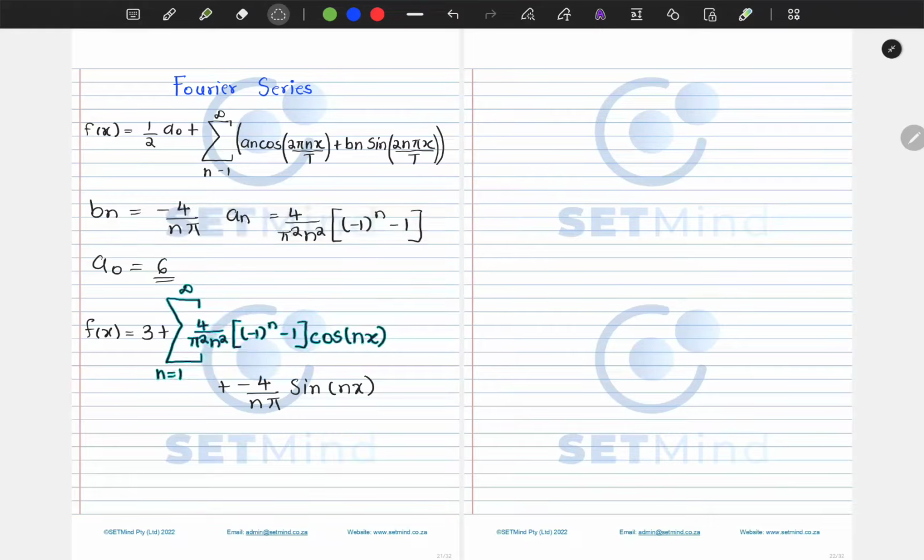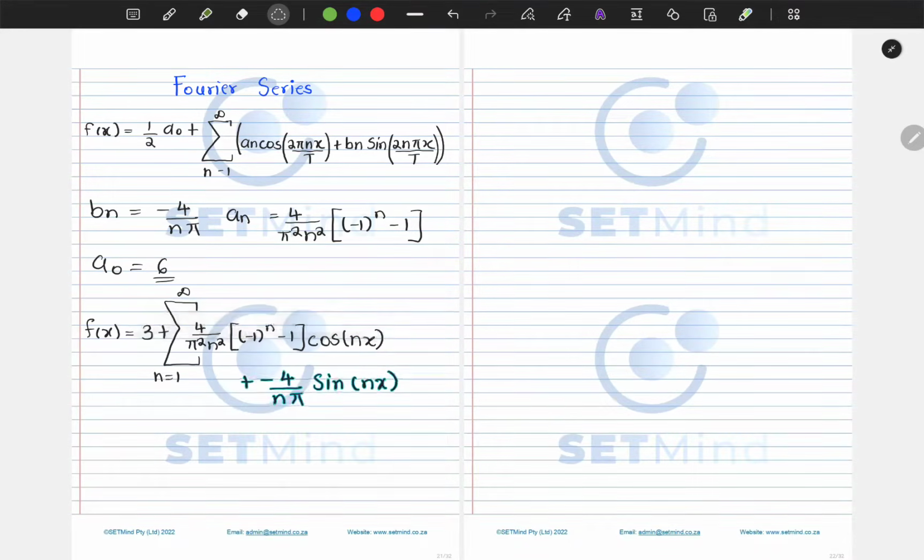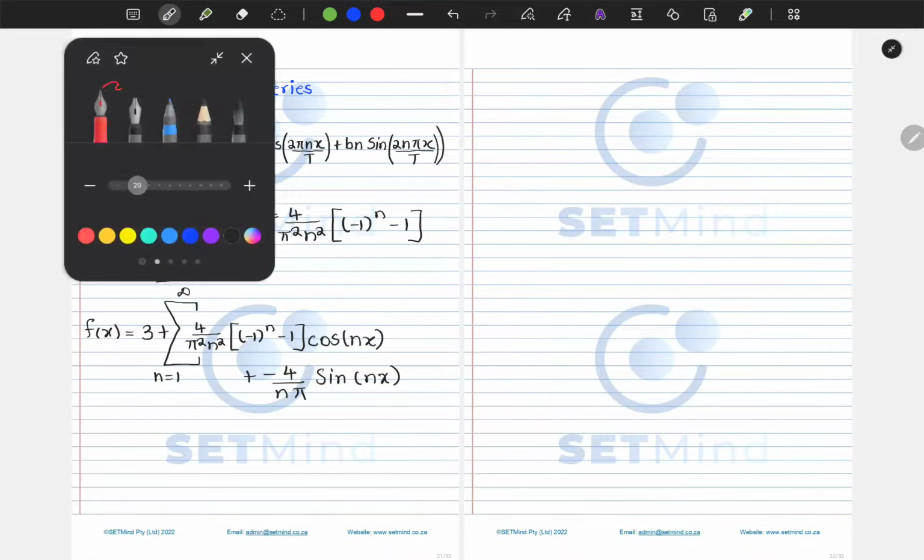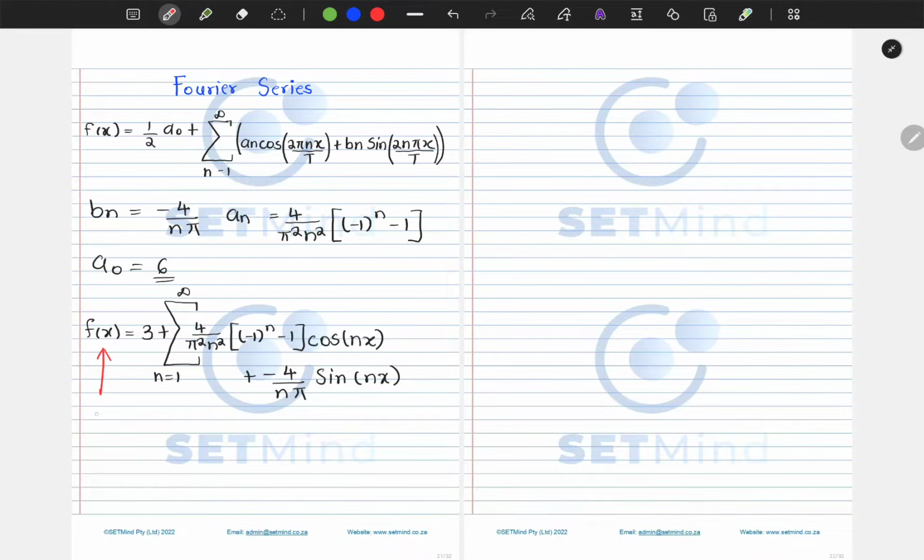And the lecturer would be very happy with us at this point, because we seem to understand what we need to do. So this will be our answer, your Fourier series expression of that function.